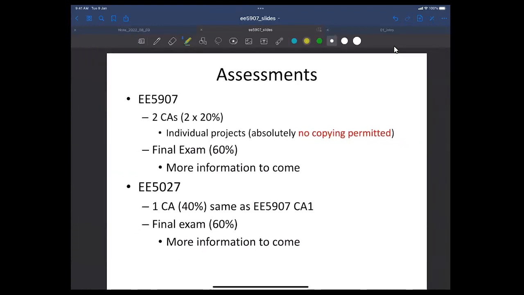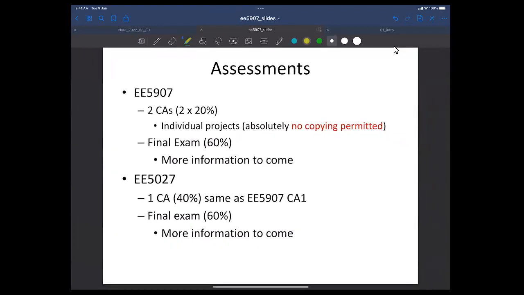Right? So for EE 5027, you will only have one CA, but the weightage will be the same. Any other questions here?